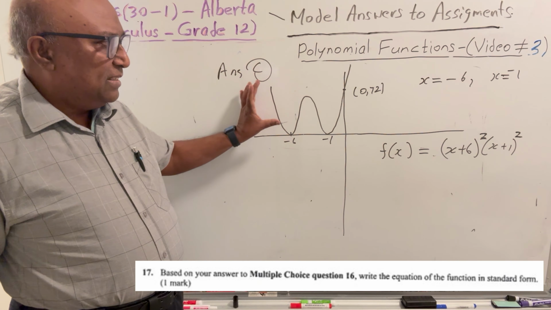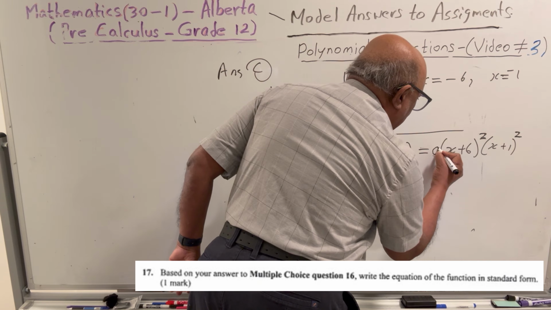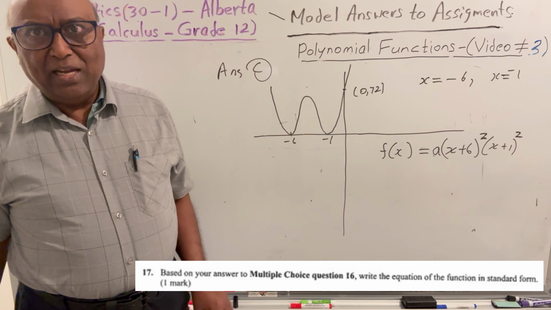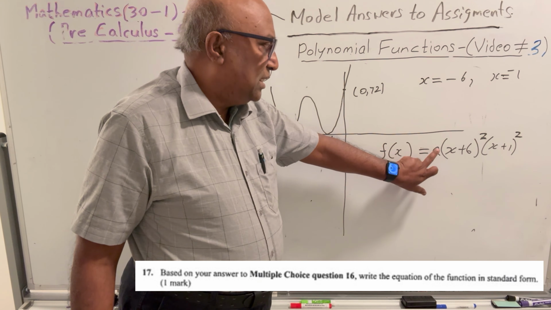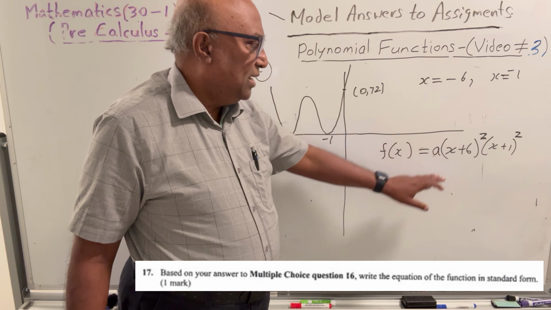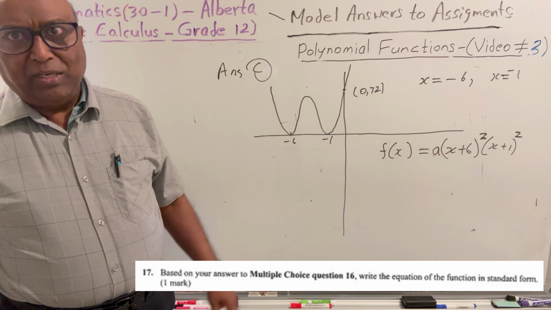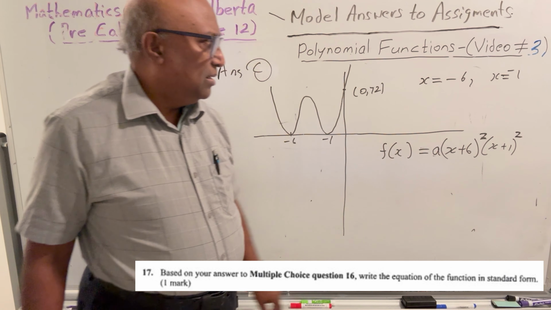But in order to adjust the position, we have to add a constant. Otherwise, if you put a as 1, this function represents the shape only. In order to represent both shape and position, we introduce a.